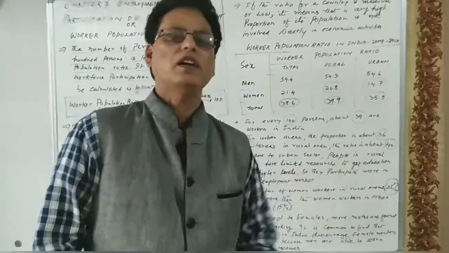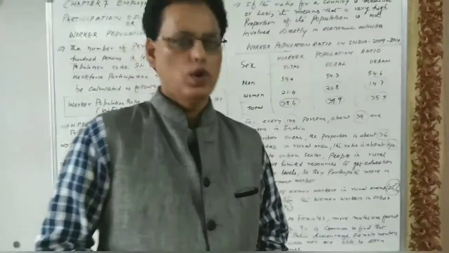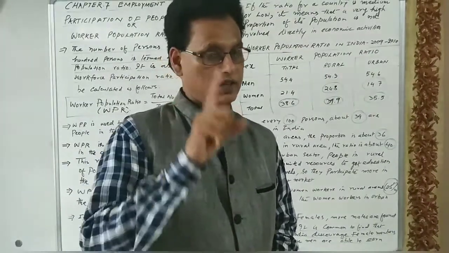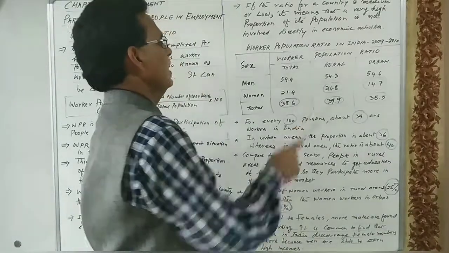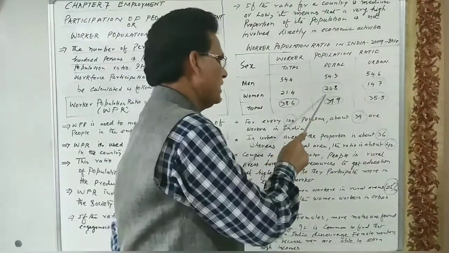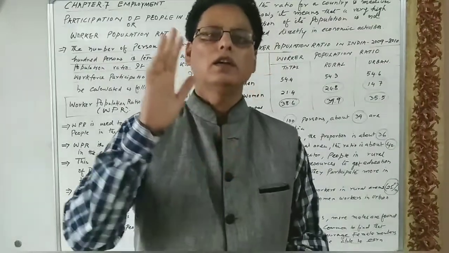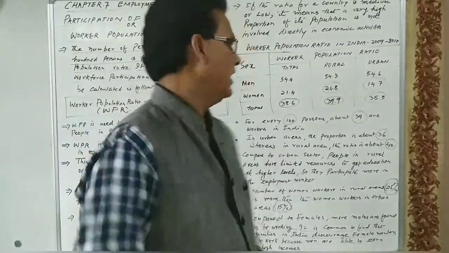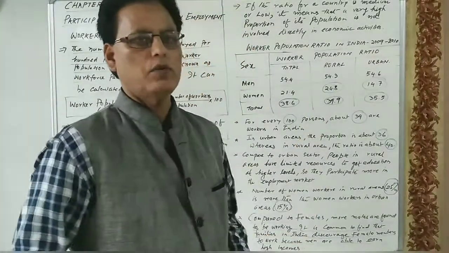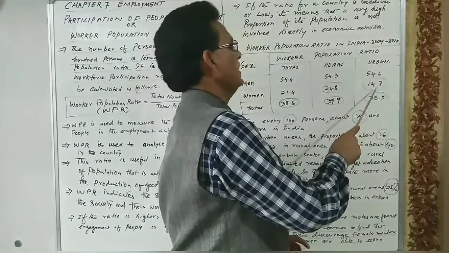It means out of 100 women, only 15 join the work, whereas in rural areas, out of 100, 25 women are working. So the worker population ratio of women in rural areas is 25, whereas in urban areas it is 15.